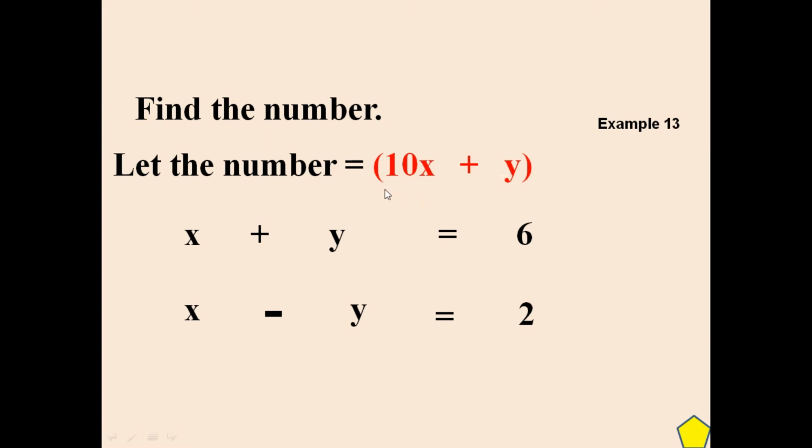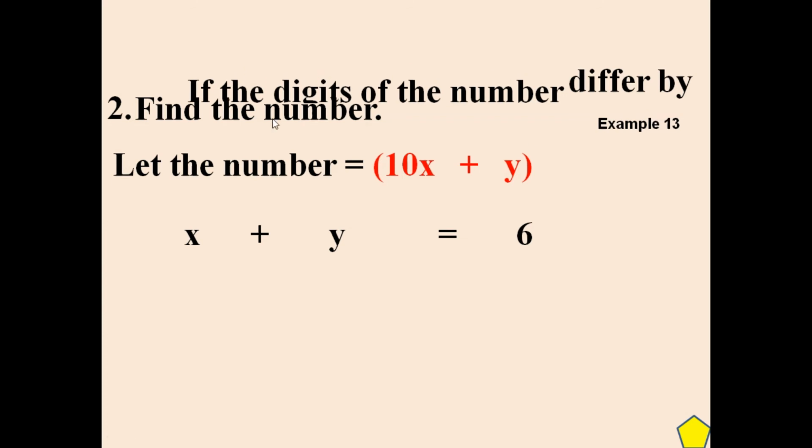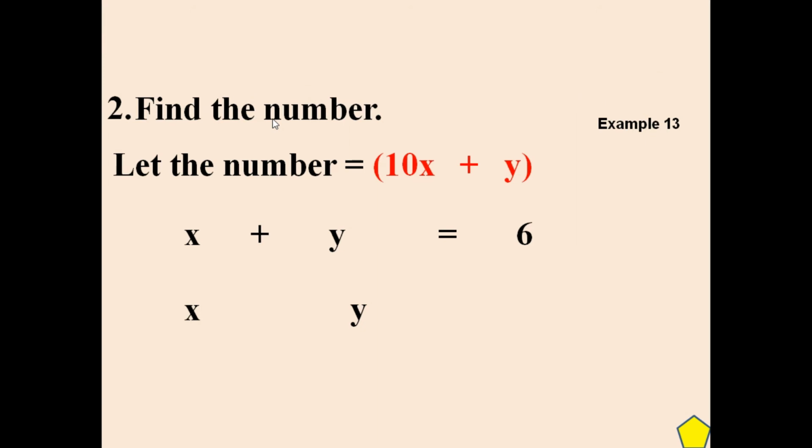However, in this particular question, there will be a double answer. I will say the answer is 42 as well as 24. The reason for that is that the question said the digits differ by 2. So we do not know whether it was x minus y equal to 2 or y minus x equal to 2.